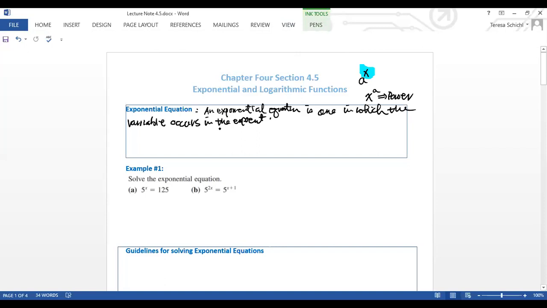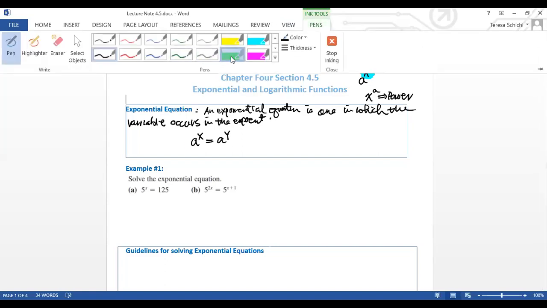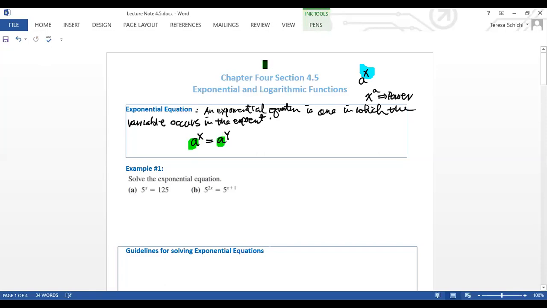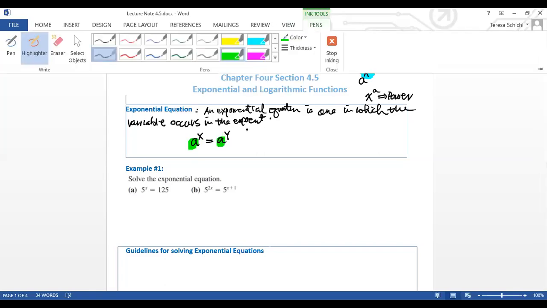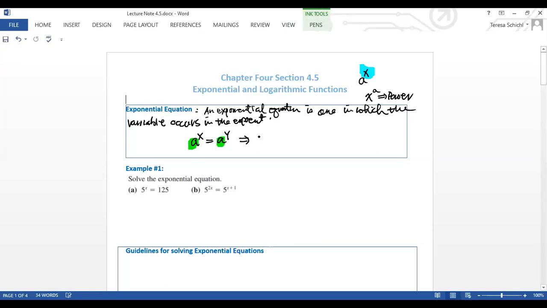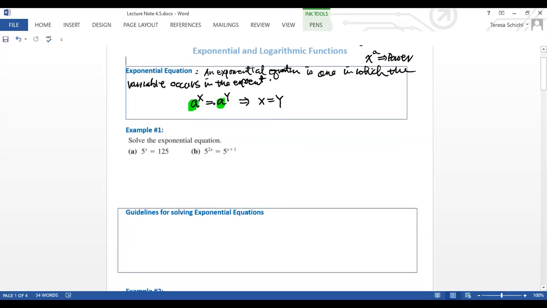Now, if we have an exponential function a to the x equal to a to the y, if both of them have the same base and they are equal, then yes, we can conclude x equal to y, because if the bases are equal, then the exponents have to be equal. Let's take a look at this basic idea.